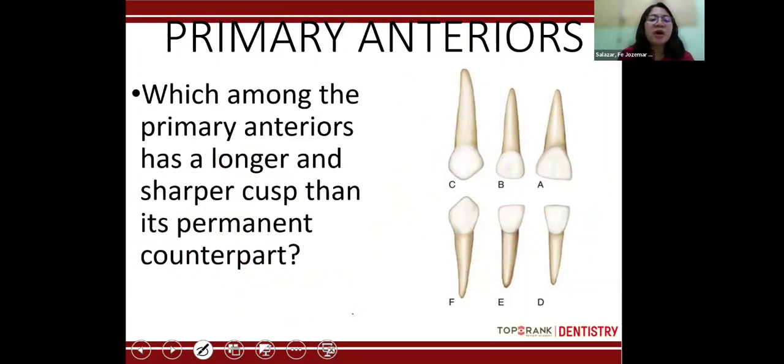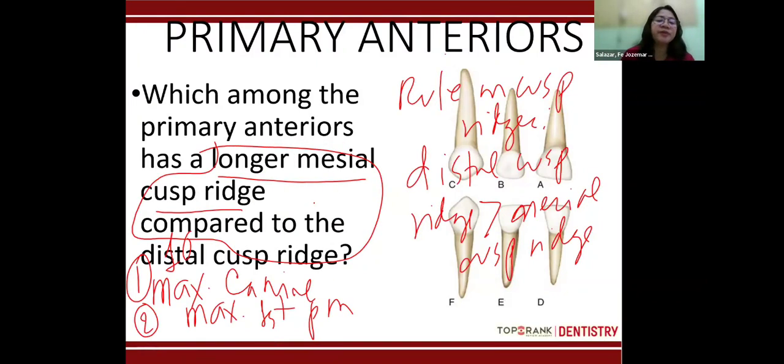Next, which among the primary anteriors has a longer and sharper cusp than its permanent counterpart? This is about cusps again. What anterior has a cusp? This is the exception to the cusp bridge rule.